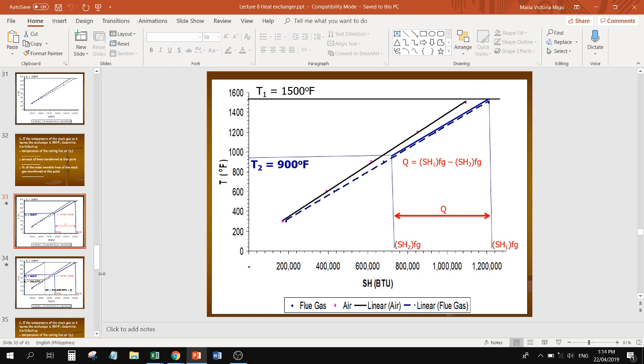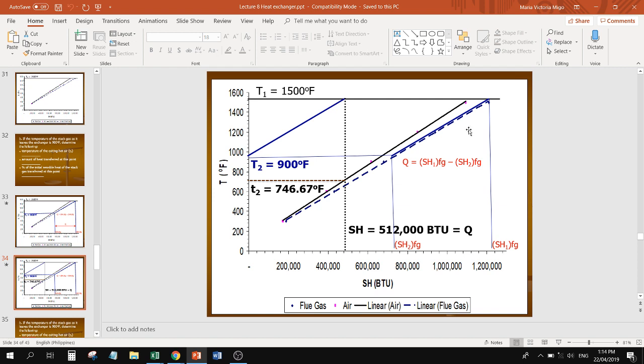But graphically, what you would want to do next is to translate this line to the left. So it should intersect the y-axis as well as this horizontal line, t equal to 1500. So after doing that, you have to make a vertical line at this intersection.